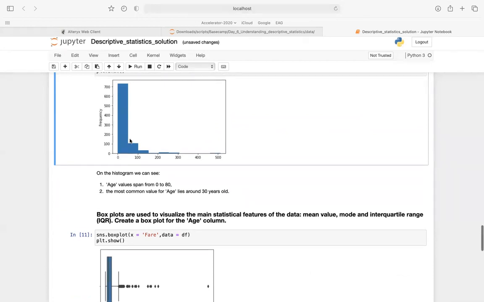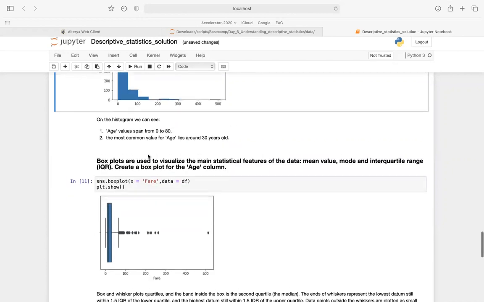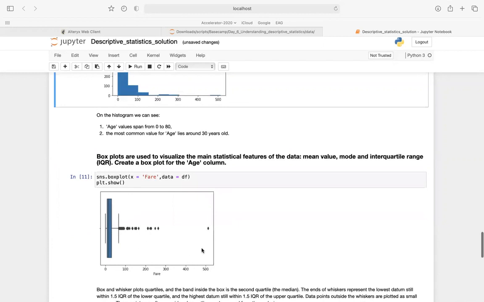The majority of the data points I have are central between 0 and 100. There are very few data points after 100 till 500, right? So in this range, there are very limited number of data points. And this is exactly what I can visualize here.